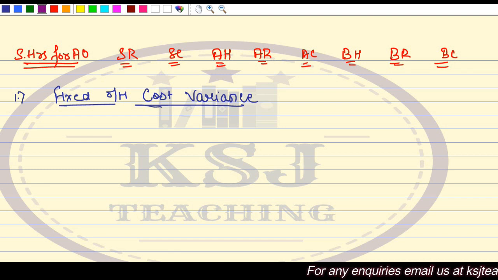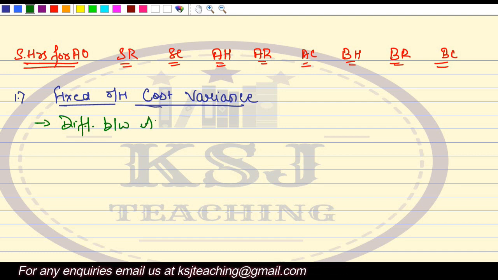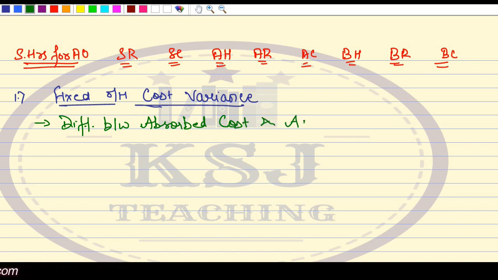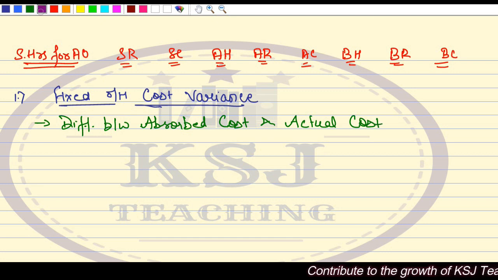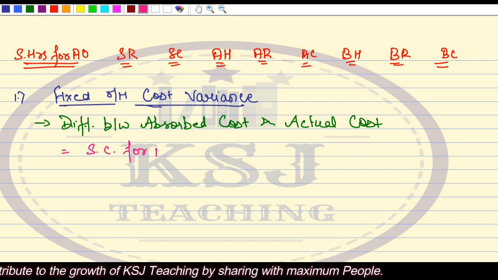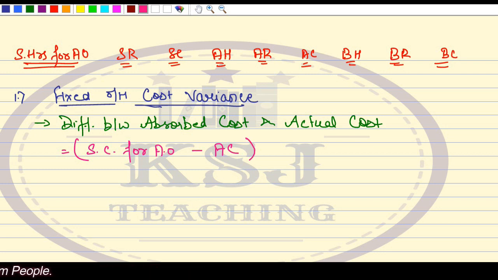So it is, we can say, difference between absorbed cost and actual cost, right? So this will be standard cost for actual output minus actual cost, right? So this is your formula for fixed overhead cost variance.